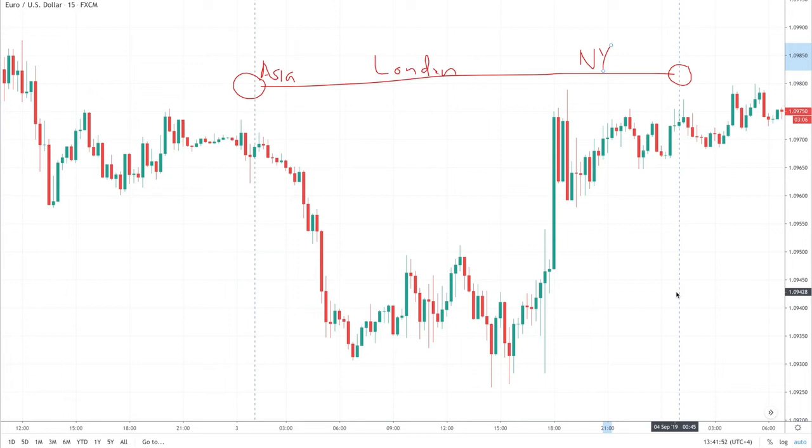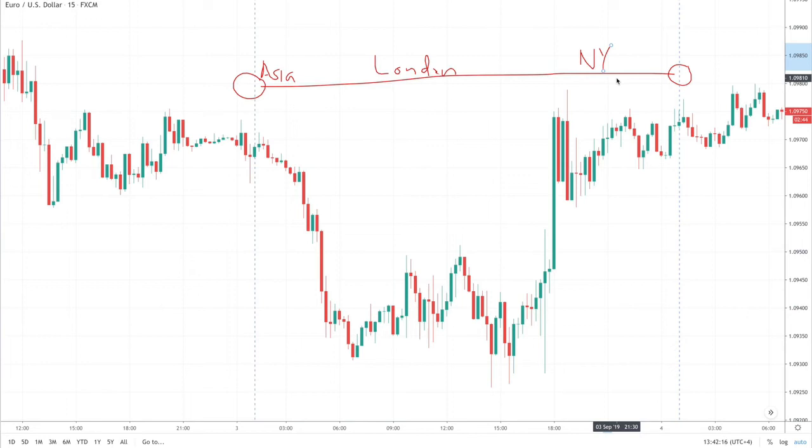So for those of you in the stock industry, it's very simple because your session breaks will be represented based on yesterday's movement, and that's it. In the Forex market, you have Asia, London, and New York.